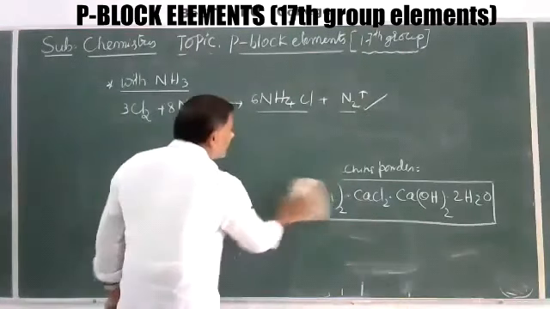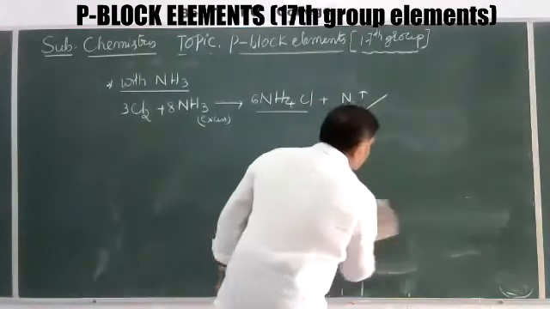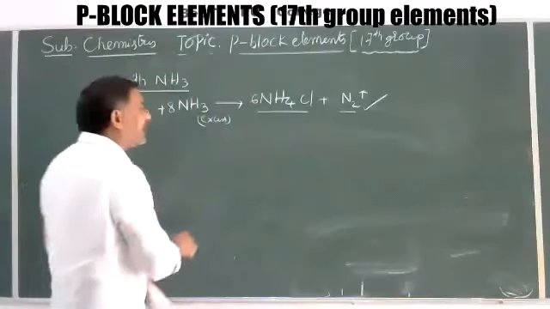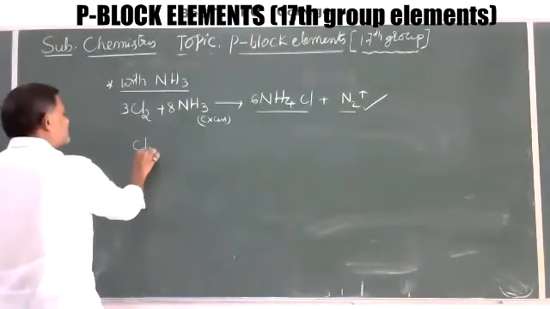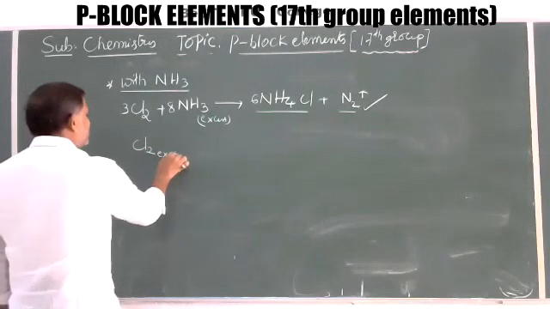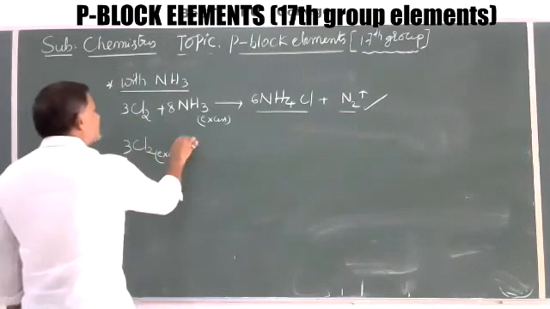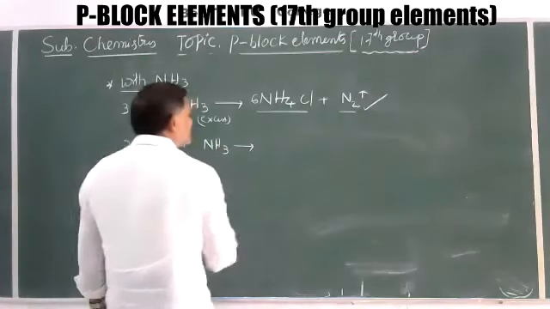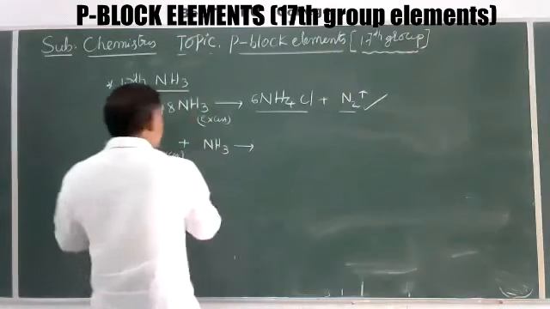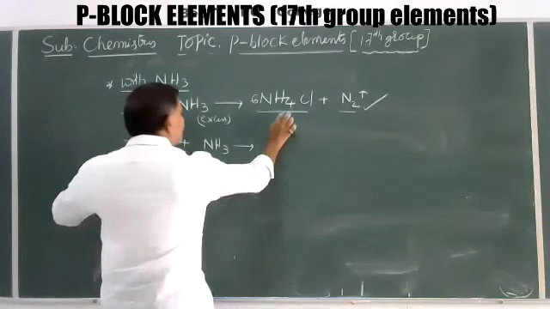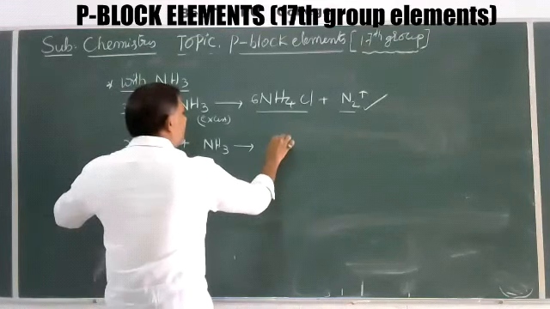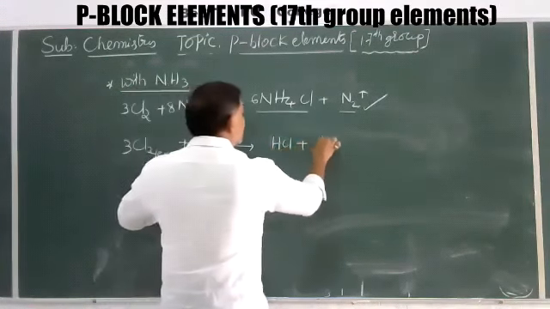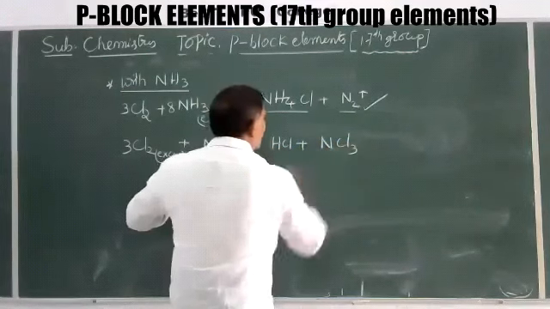If chlorine is in excess, this Cl2 excess, instead of ammonia NH3, it gives NCl3, like HCl plus NCl3 is formed.